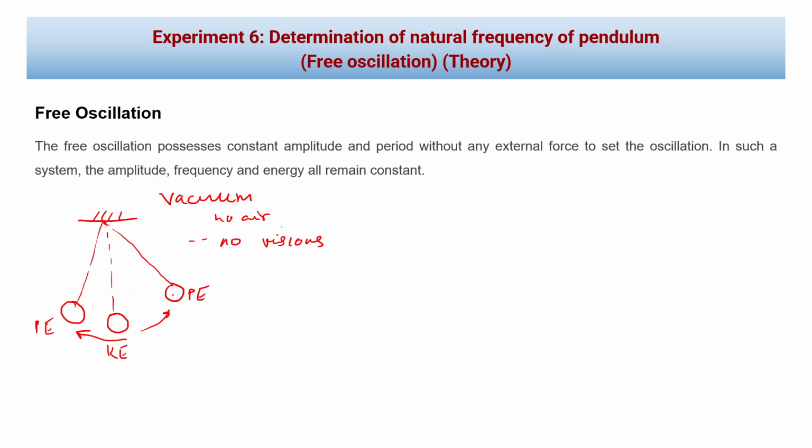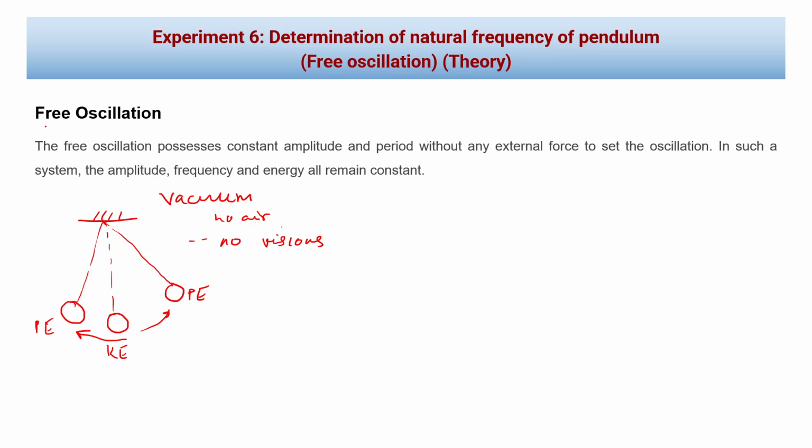As we know, by the law of conservation of energy, energy can neither be created nor destroyed. So if you have initially given it some energy, that energy will keep on converting from potential to kinetic, but it will never be lost because there is no viscosity. There will be no loss in the form of friction. So this pendulum will keep on moving forever, it will never stop.